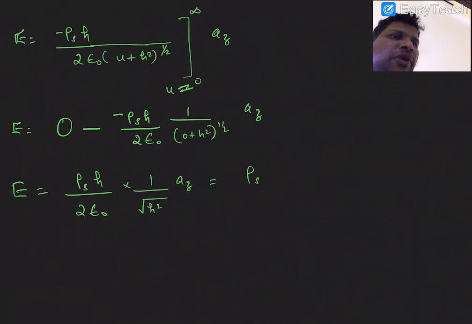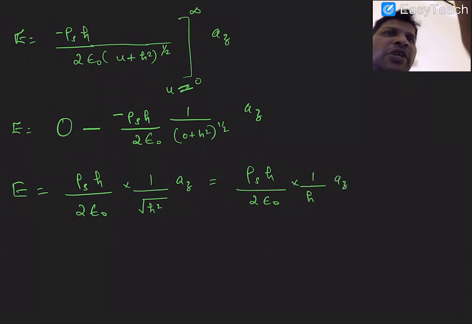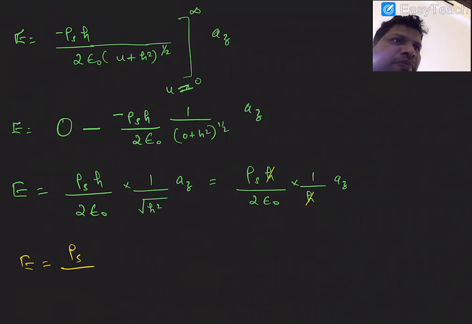This is equal to rho s into h divided by 2 epsilon 0 into 1 by h into Az. So you can see these terms will cancel. So my electric field will be rho s divided by 2 epsilon 0 into Az.